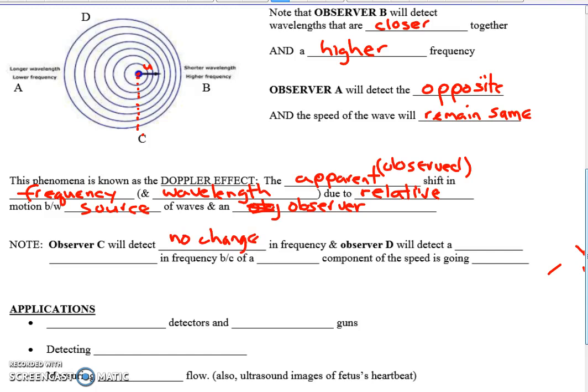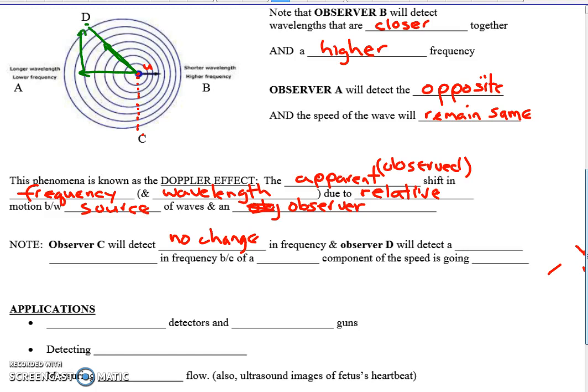How about D? Well, D is right here, and U is moving that way, so we could say that there is a component to U that is moving away from D, right? If we were to draw a vector, right here is which way it's moving. If we take that vector and extend it out to D, there's a part that's this way and there's a part that's that way.